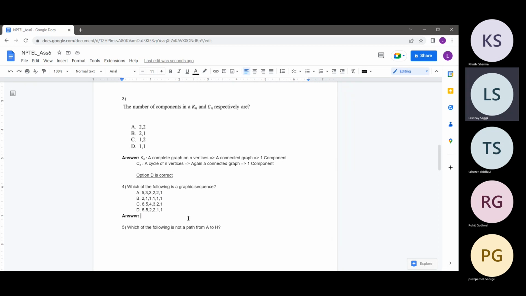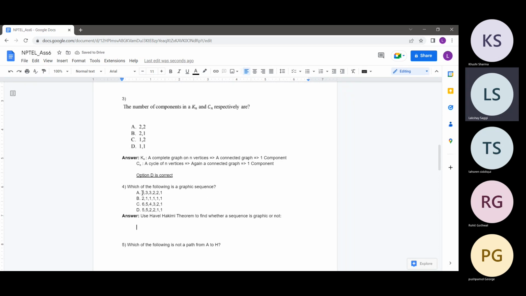So how to find whether a sequence is a graphic sequence or not, that also has been discussed in the lectures. For that we use the Havel-Hakimi theorem. I expect you guys to already know what the Havel-Hakimi theorem was.